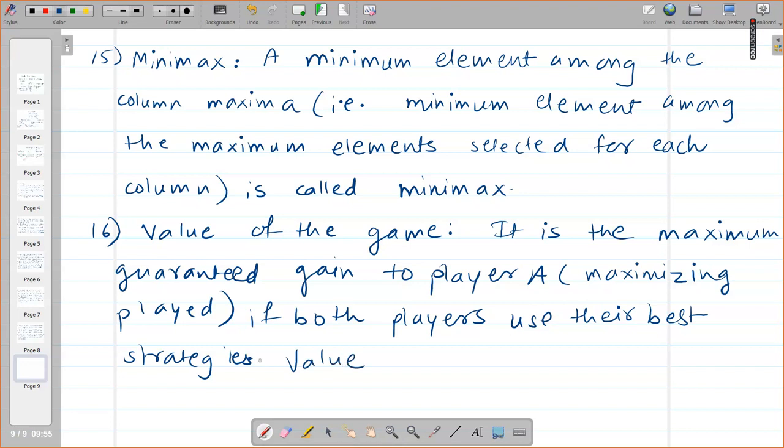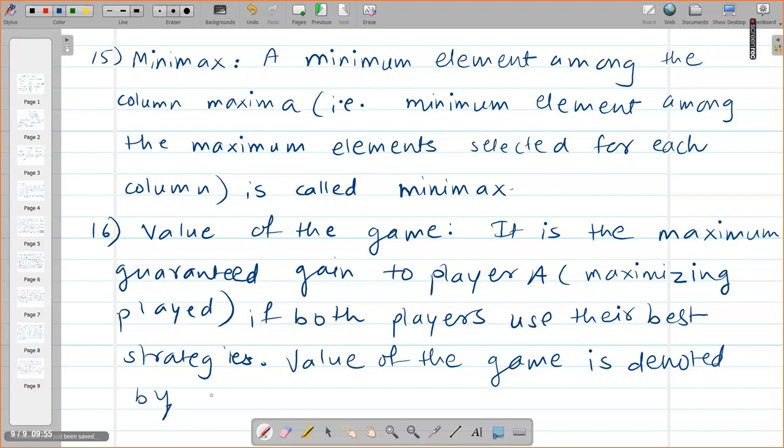Value of the game is denoted by capital V. And this value is unique. You will not get two different values.